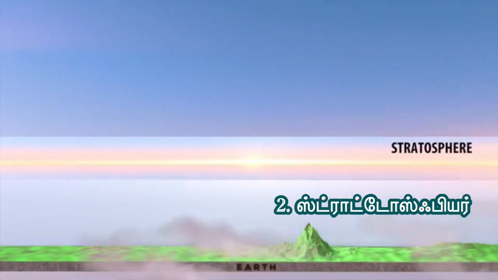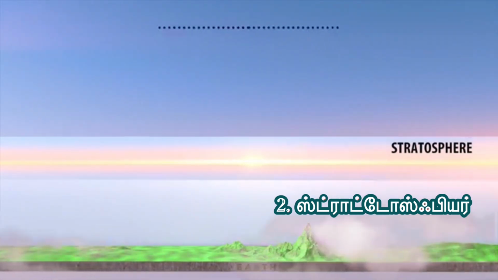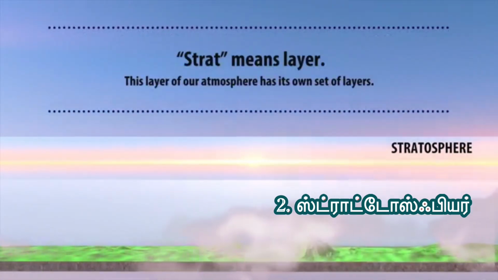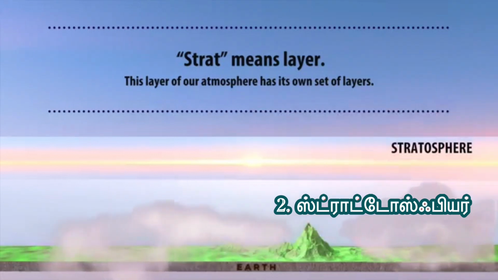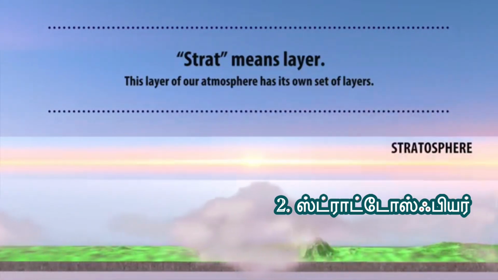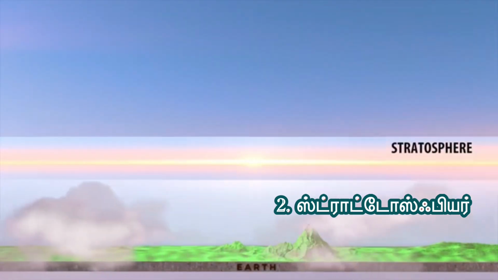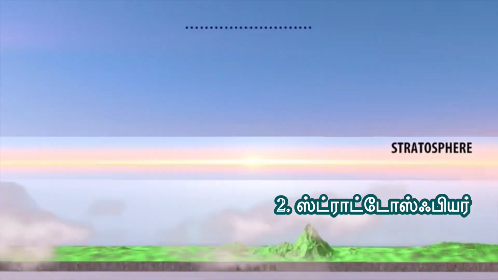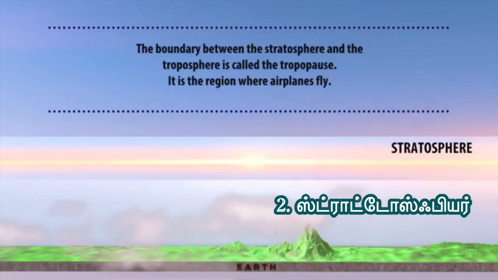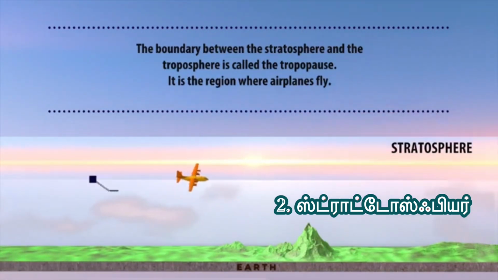Now we're going to see the second layer, that is the stratosphere. That is the second layer from the Earth's ocean level. Strat means layer. In this layer of our atmosphere, we can see flights. Usually we go from one country to another, and from one place to another by air.